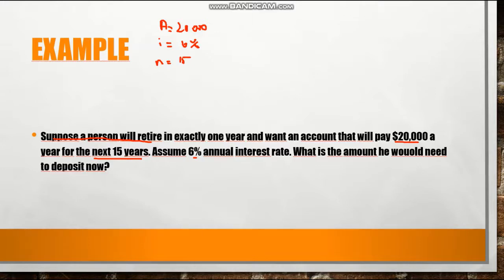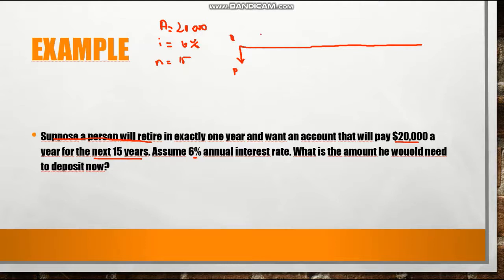And we want to get the present value. Let's draw first of all the cash flow diagram. Maybe we will get used to the cash flow diagram right now. So we want to submit a present value, or a principal amount, at time 0.